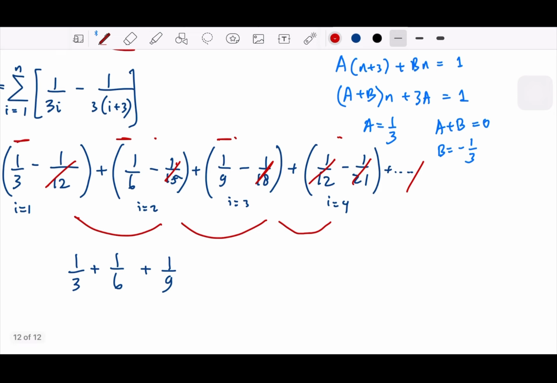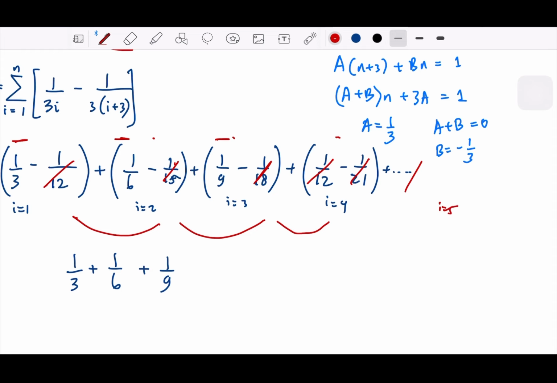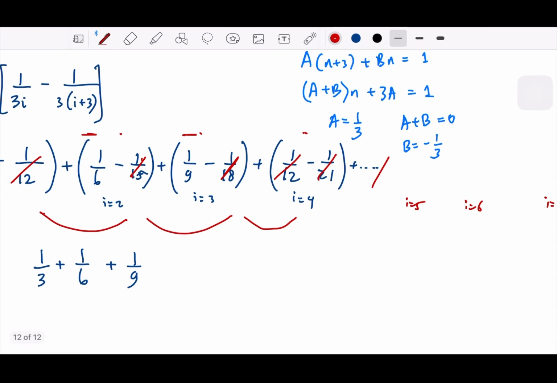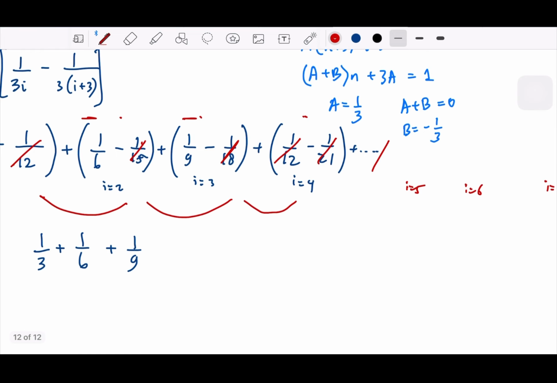You can check maybe i equal 5, i equal 6, and i equal 7. How it looks like, it will be canceling all the terms, and what you have left is plus or even minus at the very end.